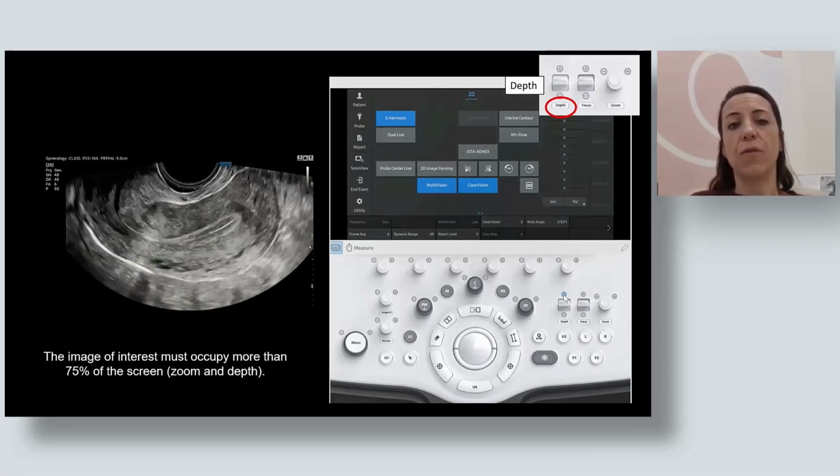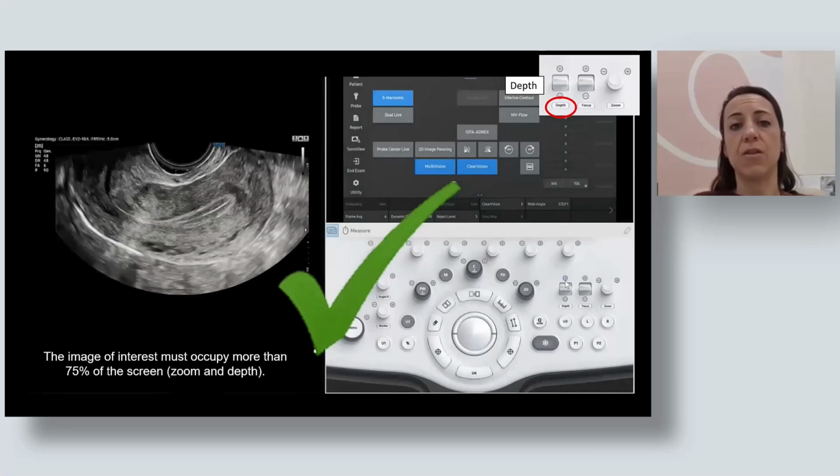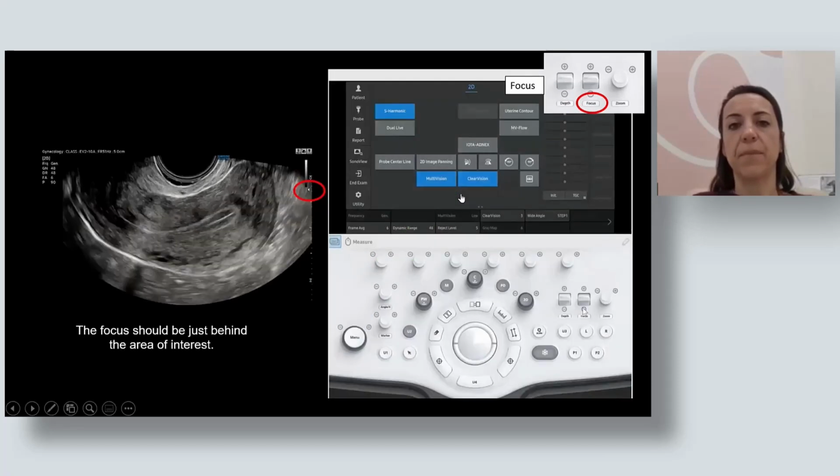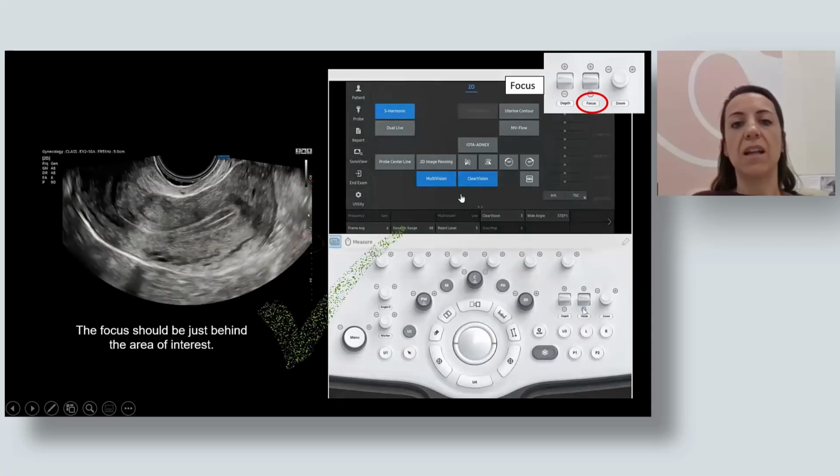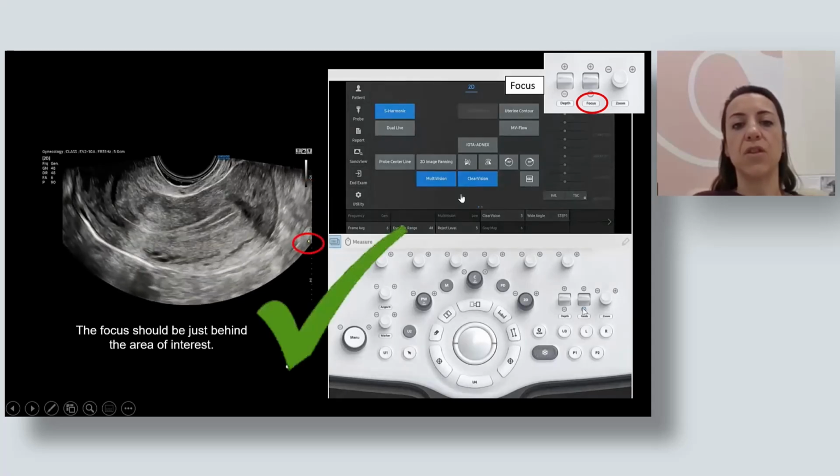The region of interest, in this case the uterus, must occupy more than 75% of the screen. Then check the focus. The focus should be just behind the area of interest. This is the incorrect, the wrong position, and this is the correct position, behind the area of interest.